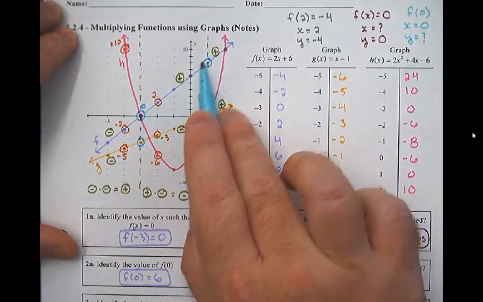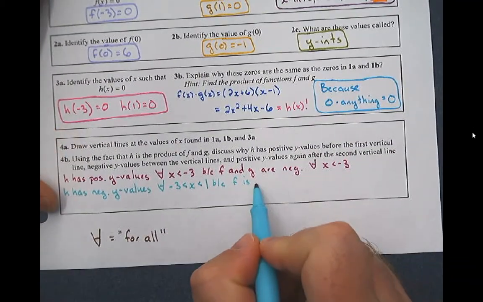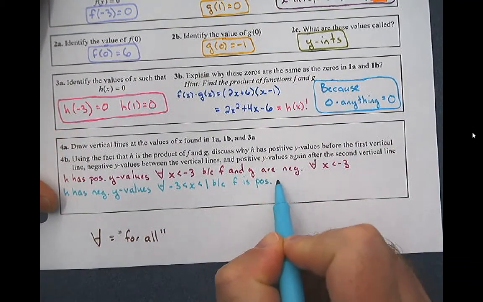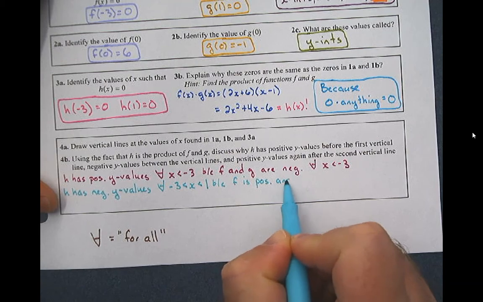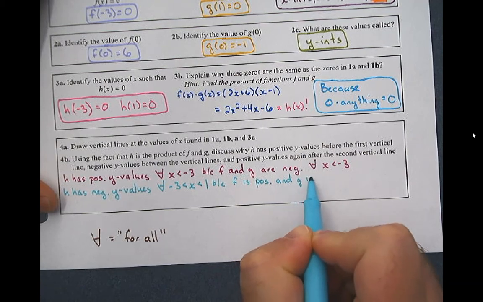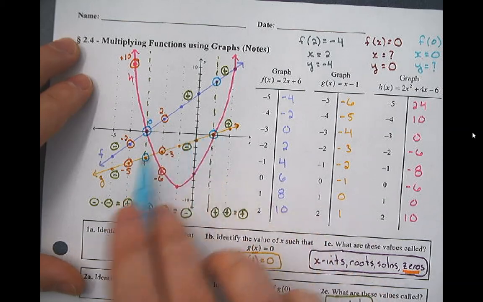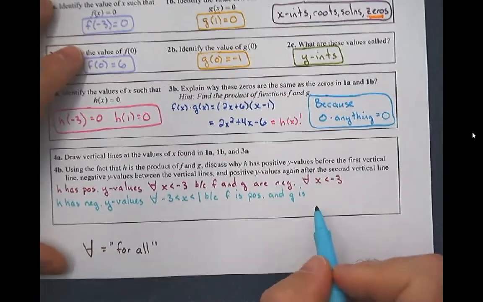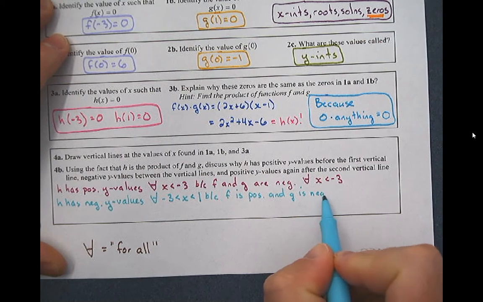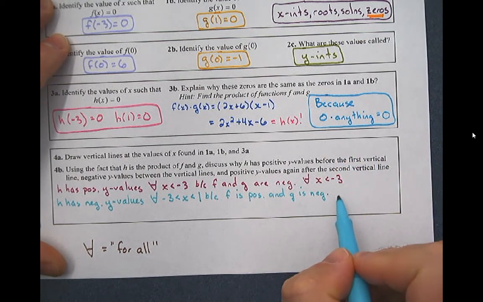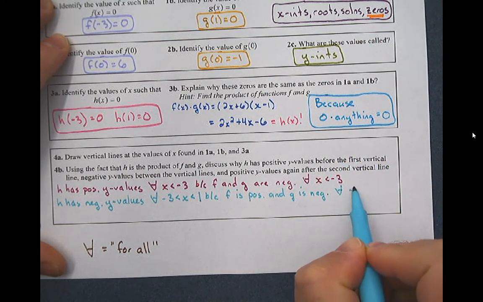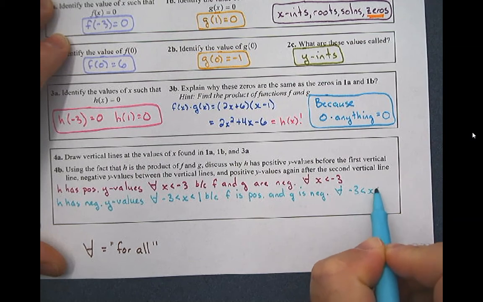F is positive in here. F is positive, and G is, let's go back up here, my G functions are all negative, for all x between -3 and 1.